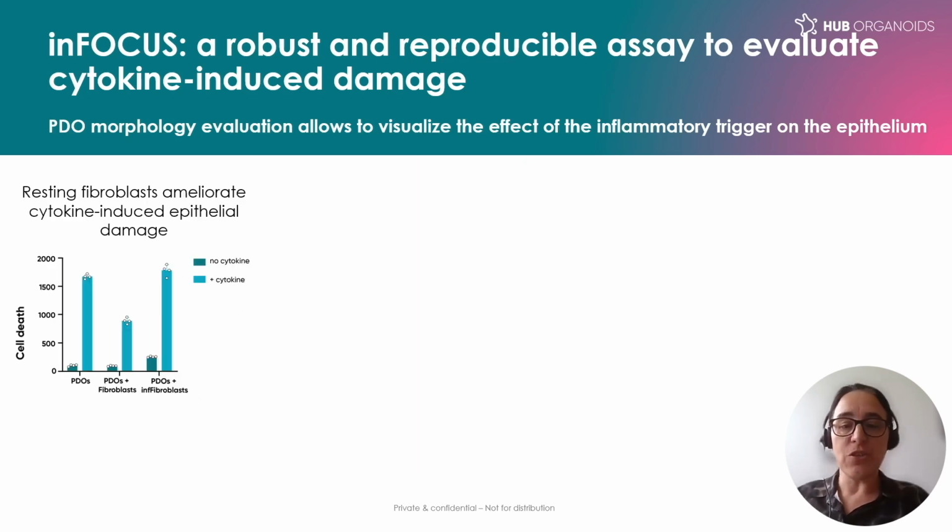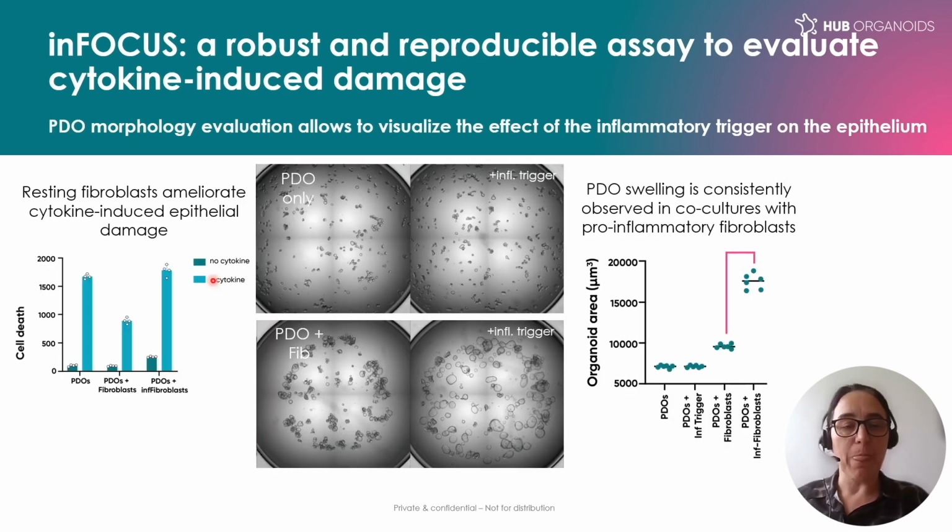And actually, we can also correlate this change with changes in cell death. If you look at the dark green bars here, the cytokine that we are inducing is the one we were using in the PDO monolayer to induce epithelial damage.